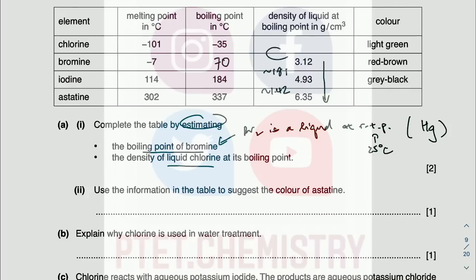So if you think about roughly the same kind of increase here, maybe between 1.4 and 1.8, let's say 1.8. It must be lower because we know it increased, right, down group 17. So 3.12 minus 1.8 is going to give you something like 1.32 roughly. It's an estimate, I'm just estimating it based on what I see here.